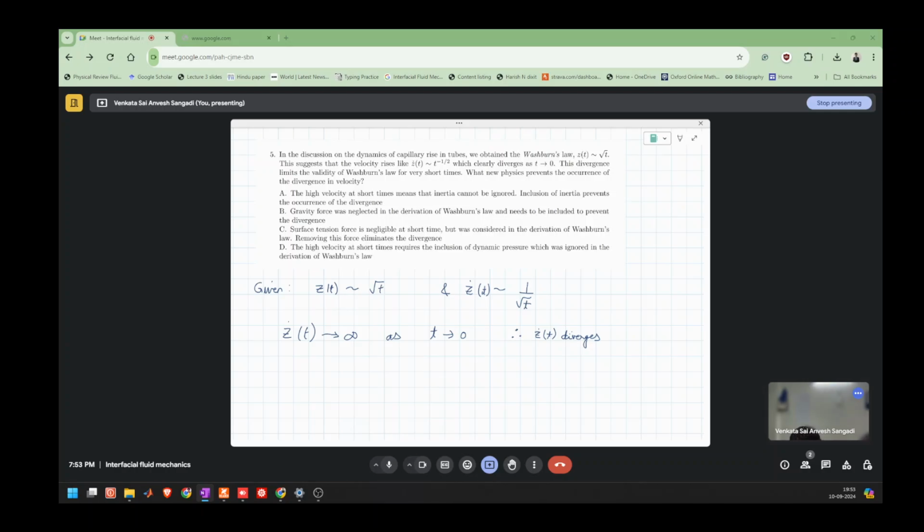What new physics prevents the occurrence of the divergence in velocity? So, in Washburn's law, we basically ignore or neglect the inertia.